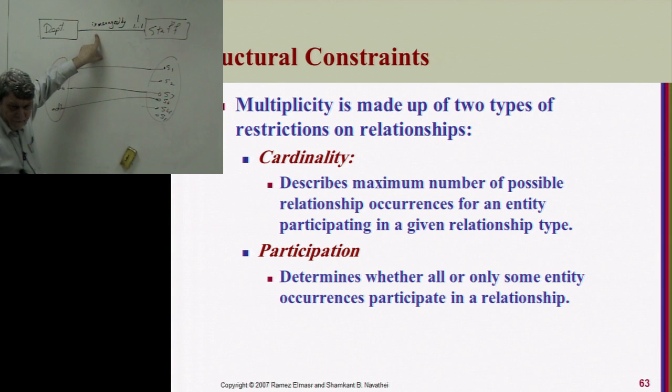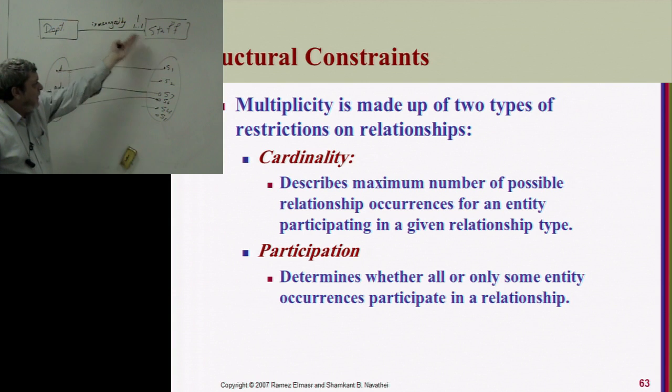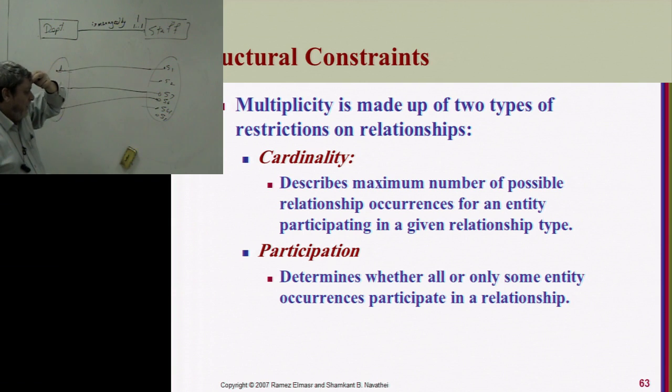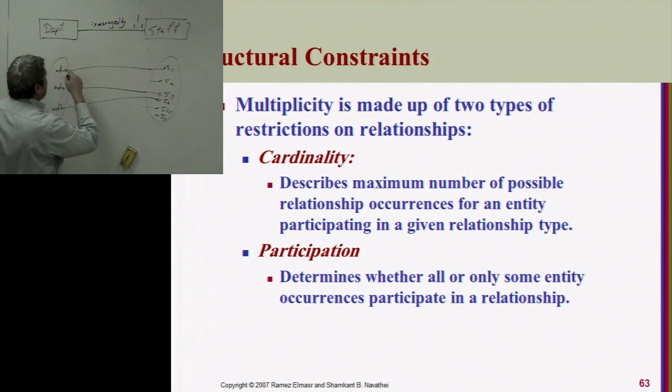So you don't need to have an arrow, but now I'm coming from this side. So each one of the staff manages how many departments? The staff manages one department. But does he have to manage a department? Is every one of the staff in our company a manager? Of course not.